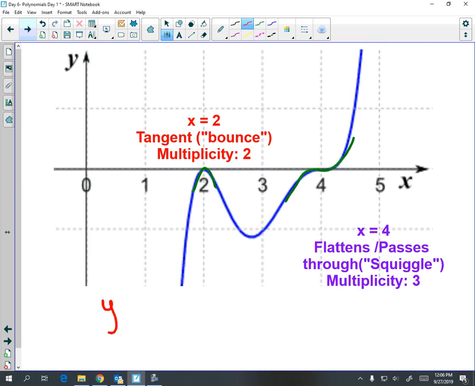The possible equation is x minus 2. And remember that had a bouncer, so that's going to be an exponent of 2. And the other factor is going to be x minus 4 with a multiplicity of 3.